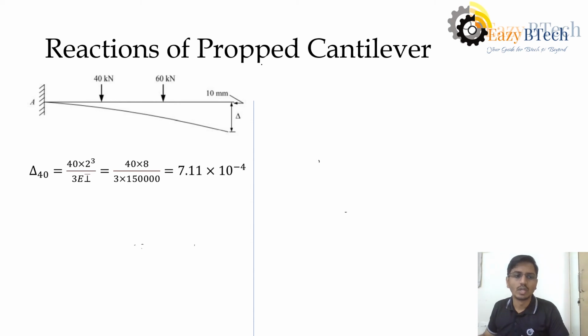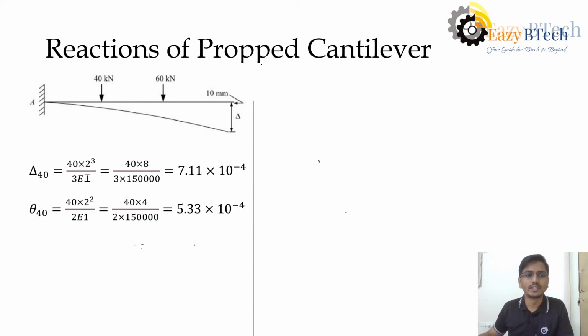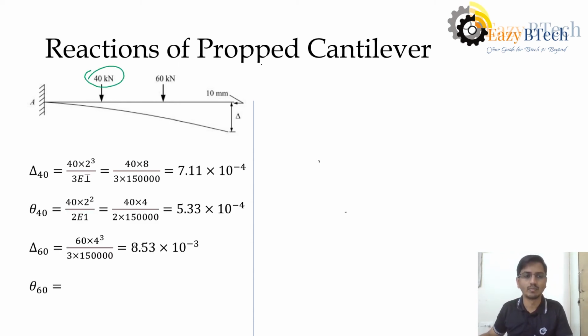So now we'll substitute. First we'll take this 40 kilonewton. Deflection due to 40 kilonewton is 40 into 2 cubed by 3EI, that is 40 into 8 by 3 into 150,000. This is the EI value given. So when we substitute this value, we'll get 7.11 into 10 power minus 4.